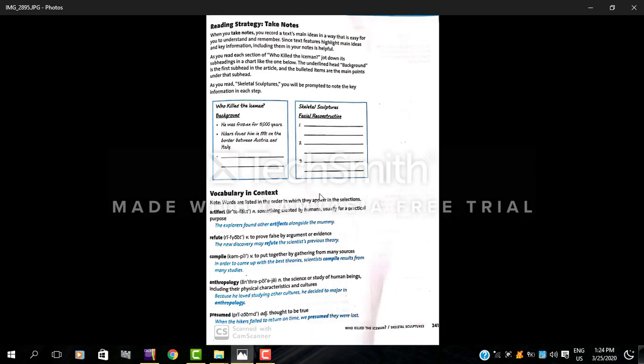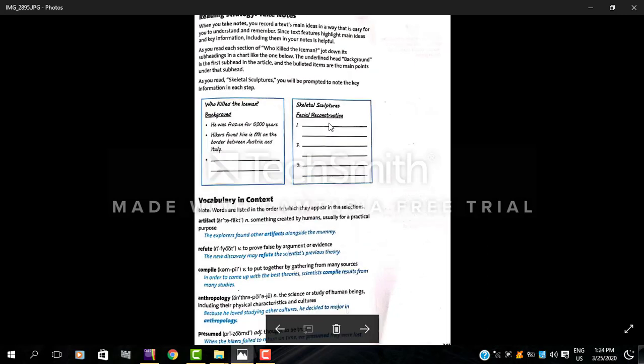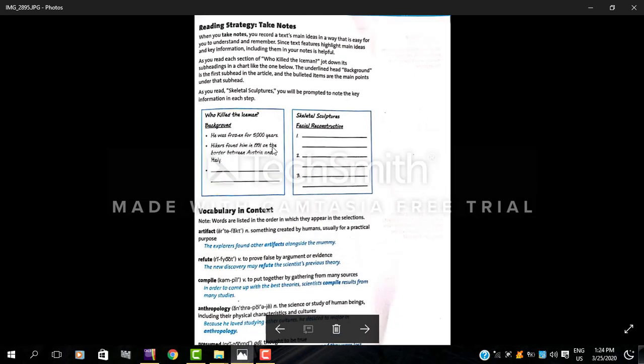In next page, we have this again title, reading strategy. When you take notes, and this is one of the strategies, which is take notes. Of course, we do this while reading, just using your pencil and trying to write some notes for yourself to understand what is happening.